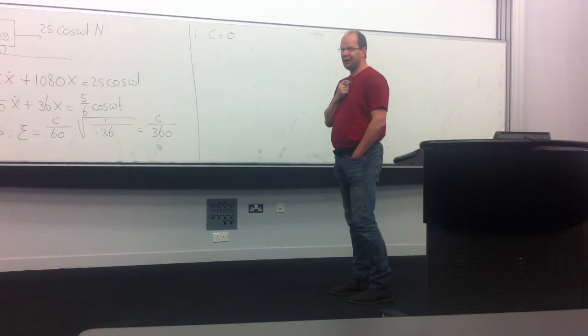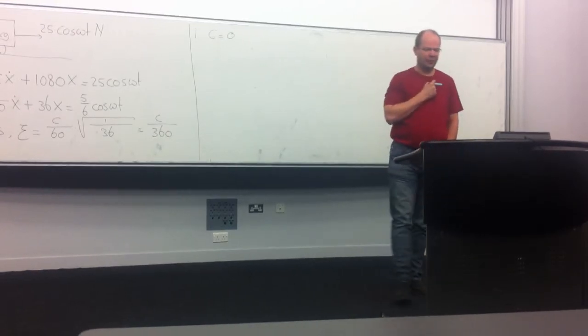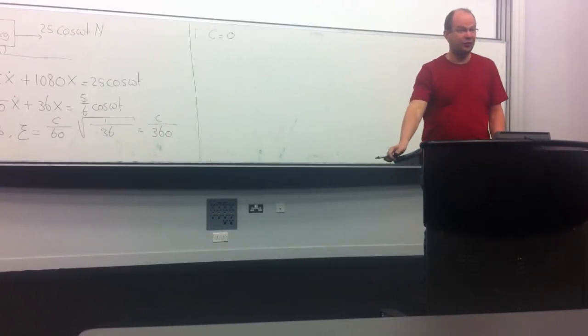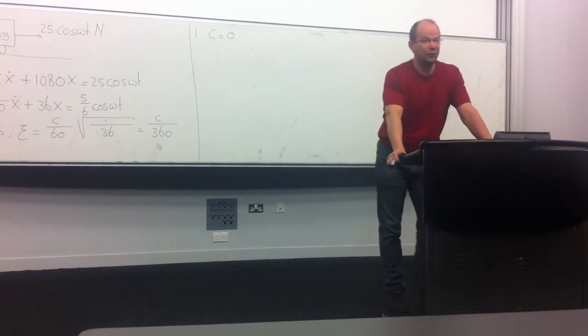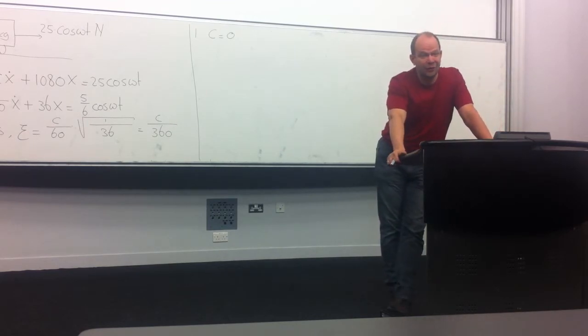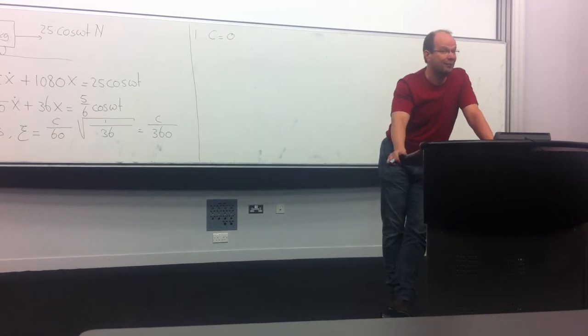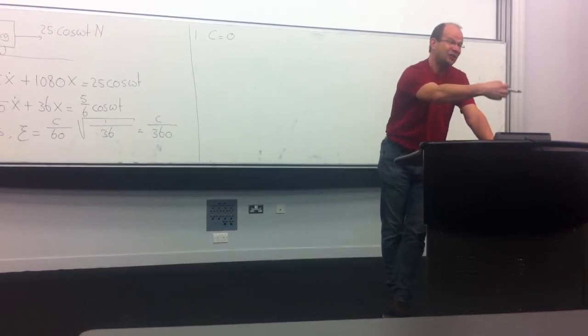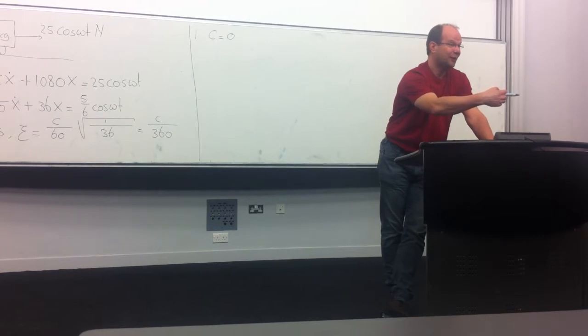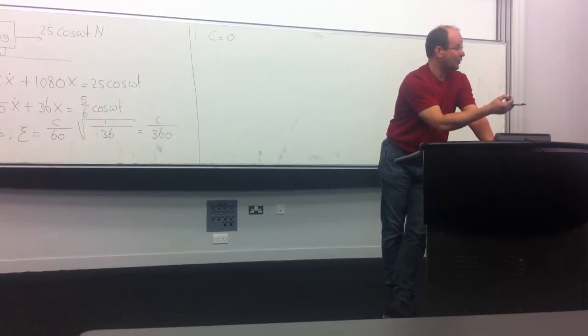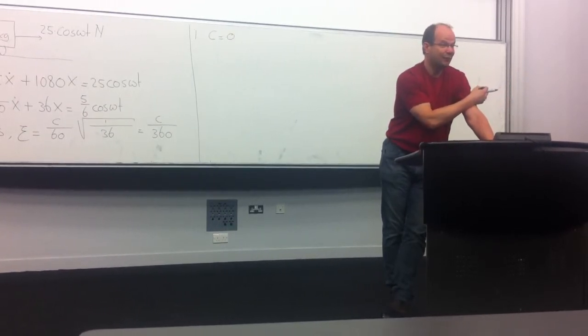One thing to say here is that actually you cannot assume that C is exactly equal to 0, because if C is exactly equal to 0, the steady state response doesn't exist. And that's because of the fact that there is no damping, so you cannot go into the steady state response. However, in practice, systems are always a little bit damped.